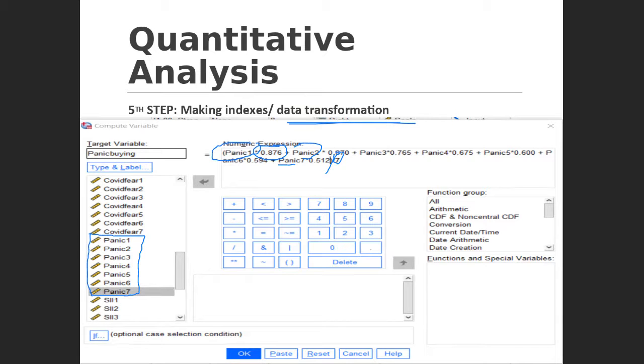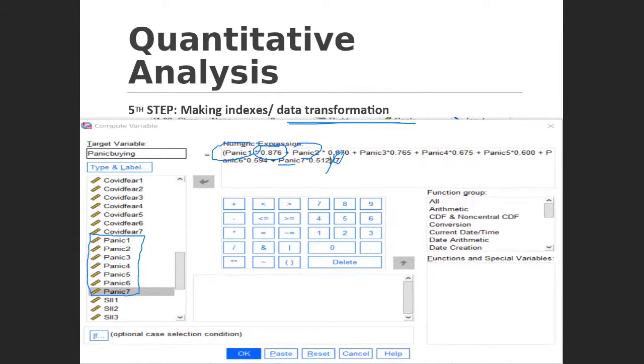Why are we not taking a simple average? Because in a simple average, each item in your questionnaire is regarded as having equal importance, which is not the case. Each question does not have equal importance. Some questions are more important as compared to other questions.